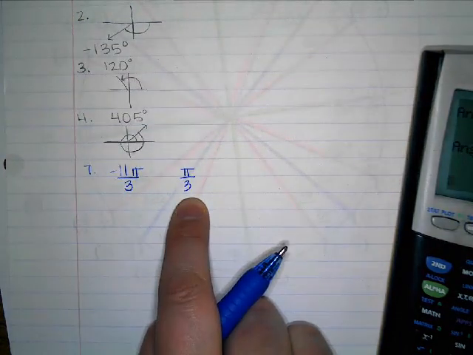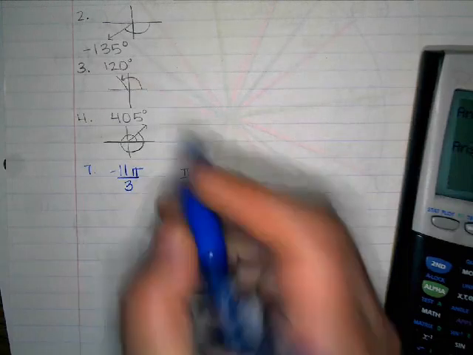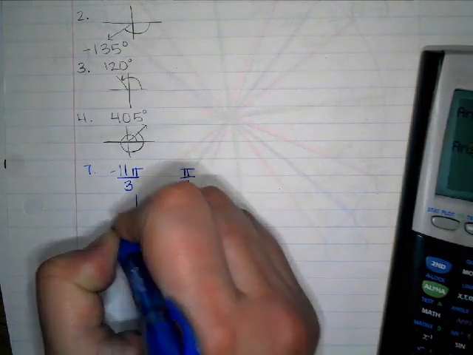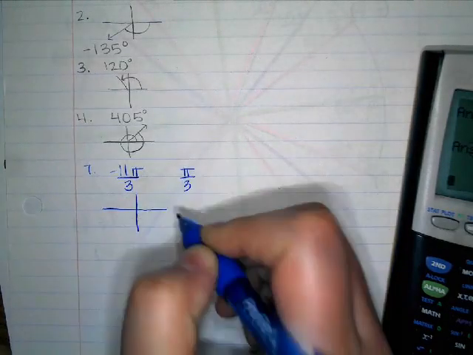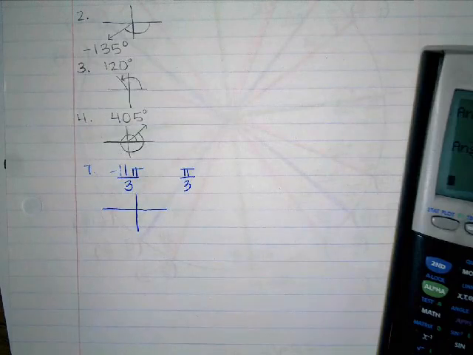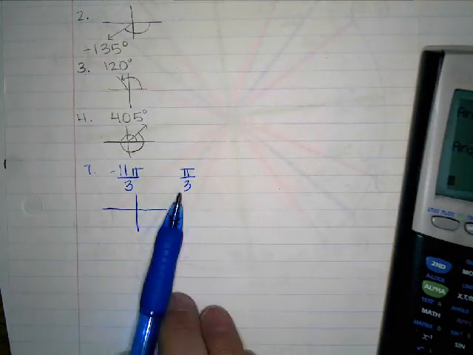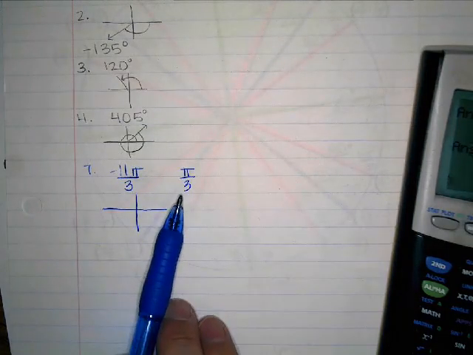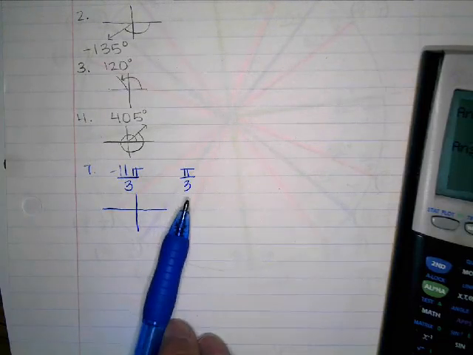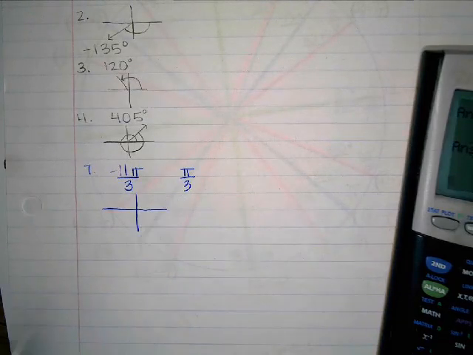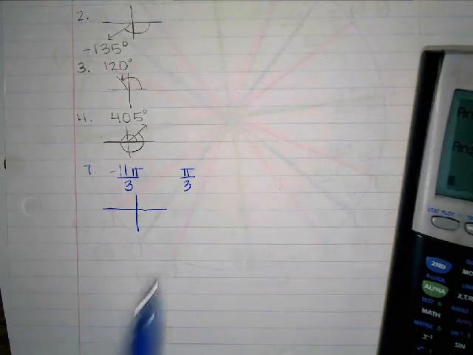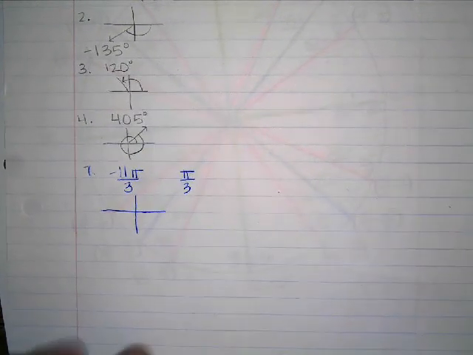So anytime you have these drawings where you have to go around the circle multiple times, it's really good to know which radian measure on the unit circle, like which one is actually written on the unit circle, because that's going to help you figure out where to stop. So if we think in terms of our fractions, how many thirds make 1? 3, okay?